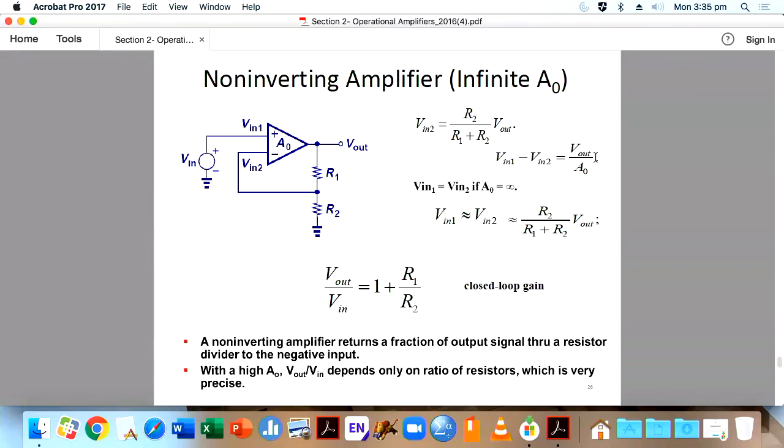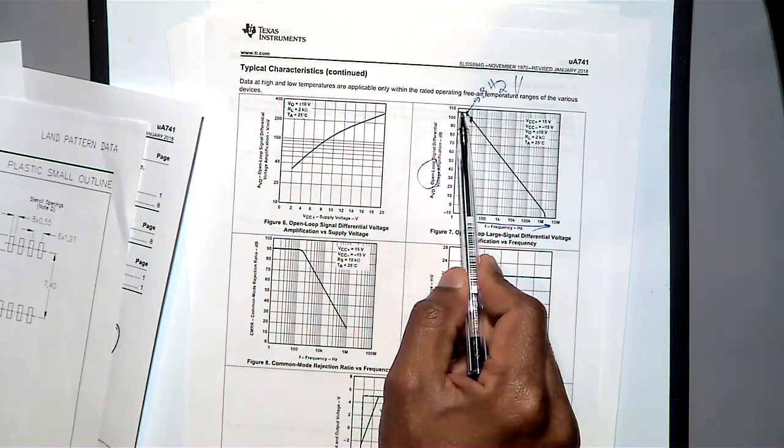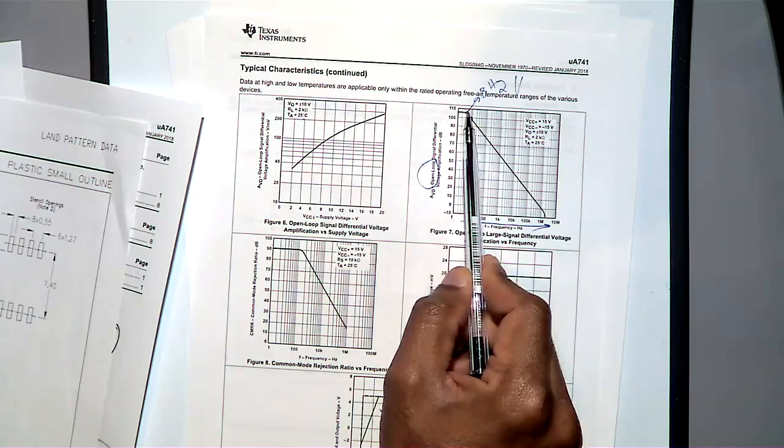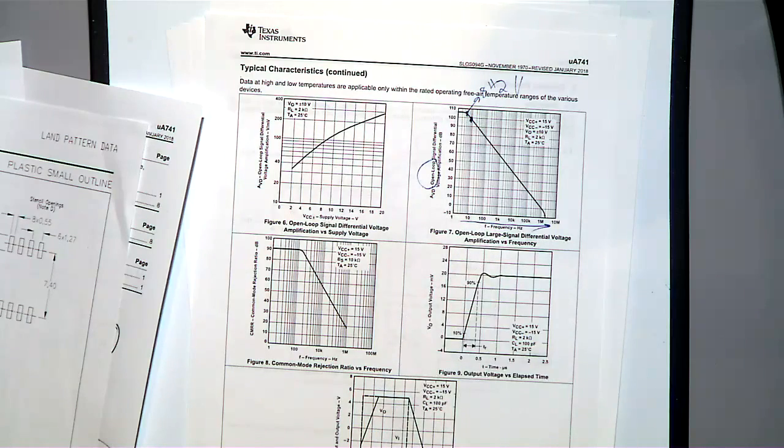Why I am taking that as infinity: in the last lecture I already showed you the open loop gain. Here you can see the open loop gain is around 105 dB. So 105 dB is a very, very big value. That's the reason the assumption is okay. It is valid.